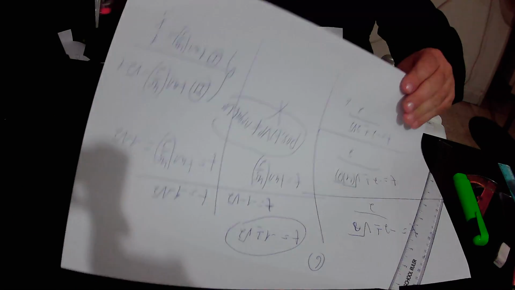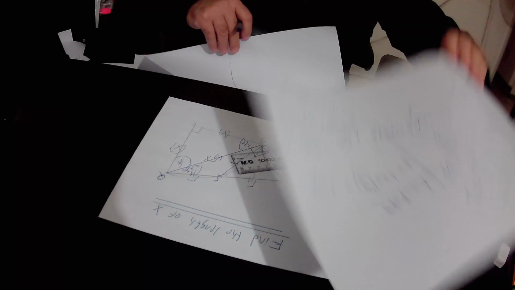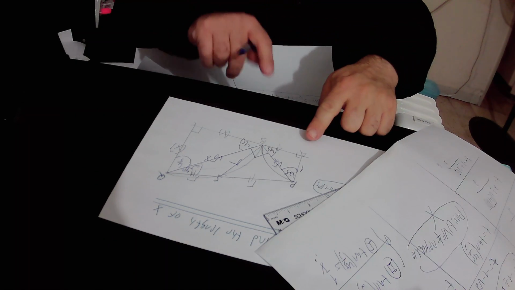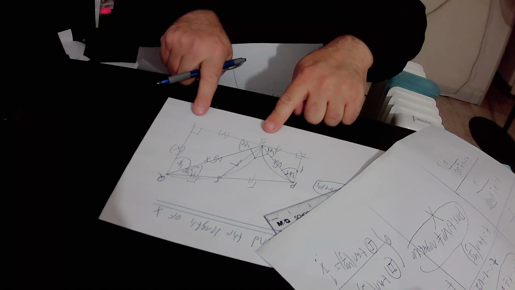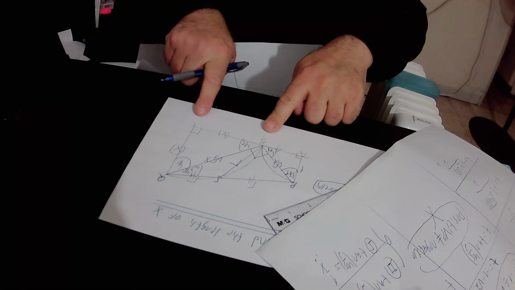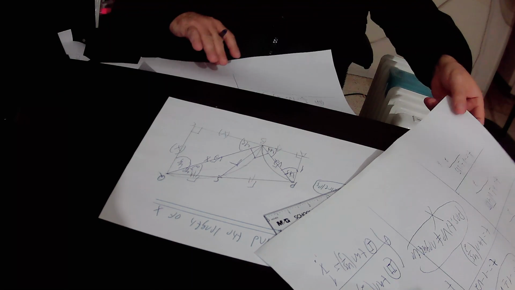Here, x is the length of line segment BC, and from the drawing itself, you can see that BC is not equal to 0. For that reason, you can multiply equation number 3 by x.